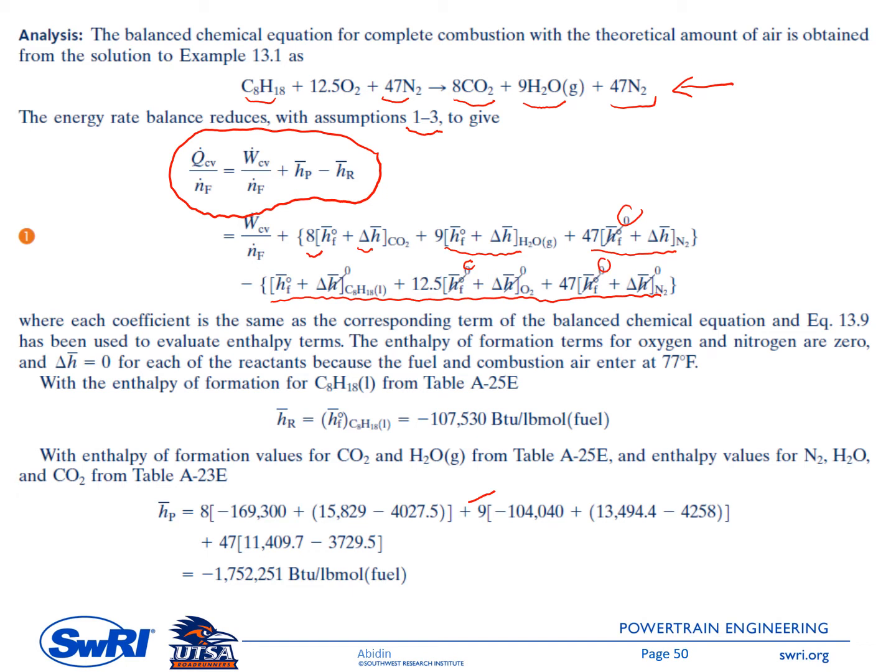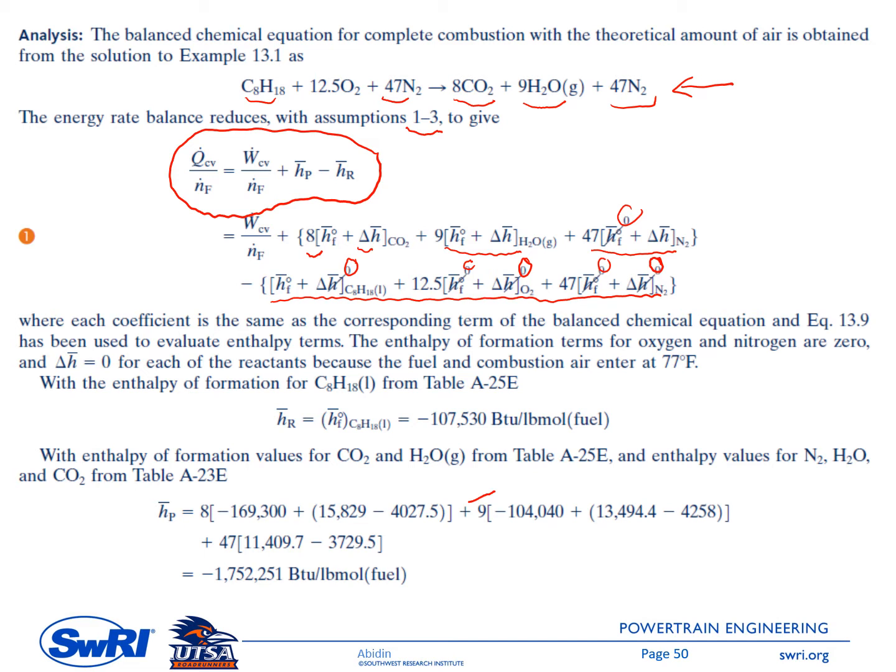And then octane, I believe, enters at 77 degrees Fahrenheit, which is the reference temperature. Therefore, delta H for octane here is 0. Similarly, air also enters at the reference temperature. Therefore, delta H for oxygen equals 0, and delta H for nitrogen equals 0 as well.